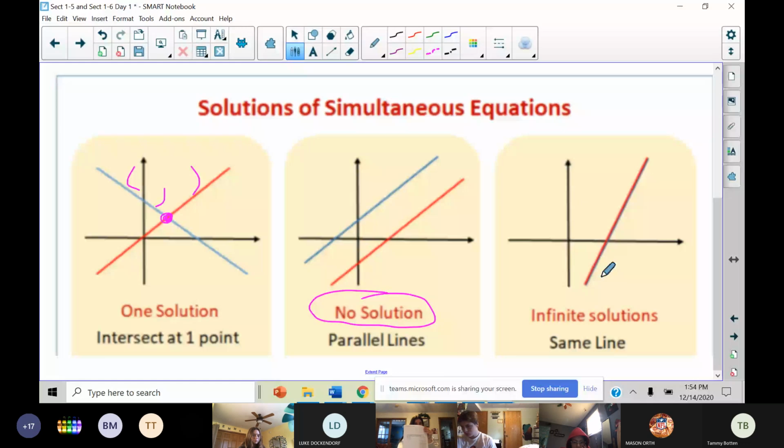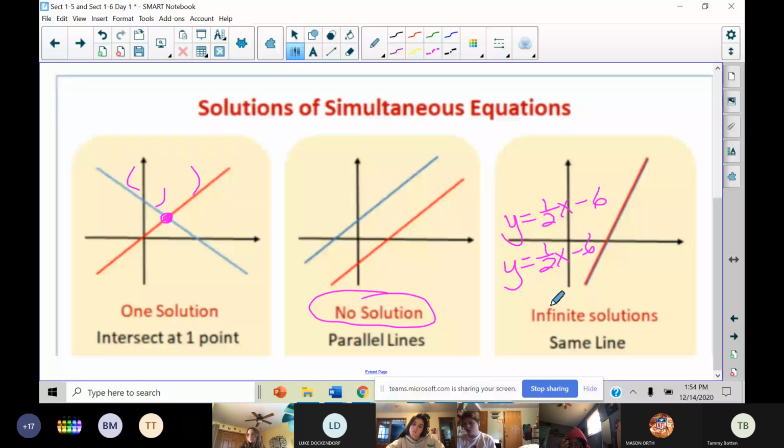And another scenario you could have today is when you solve your equations for y, say that this was y equals 1/2 x minus 6. Okay, and then you have another equation and you solve it for y, and it's exactly the same line. What would happen then is your lines would be the same.